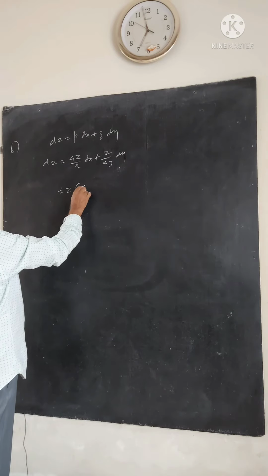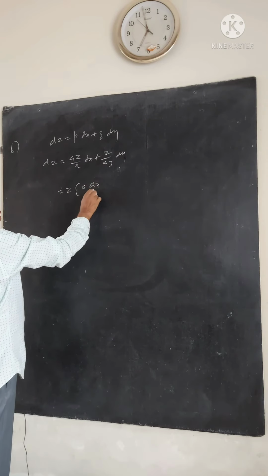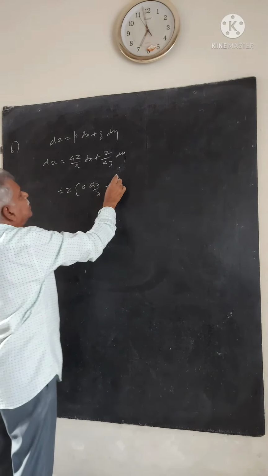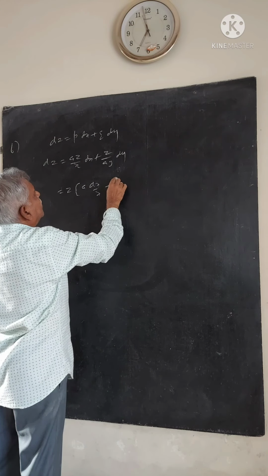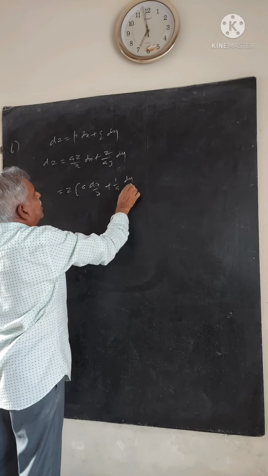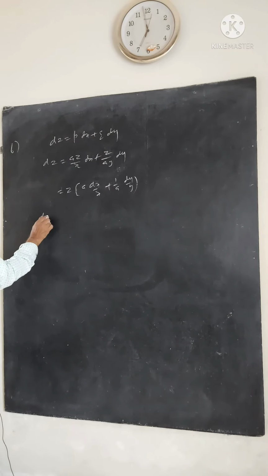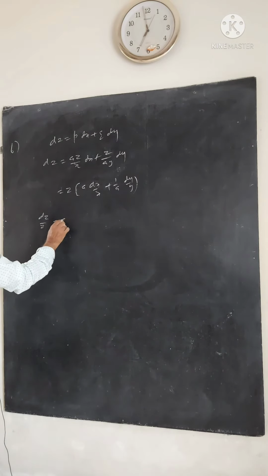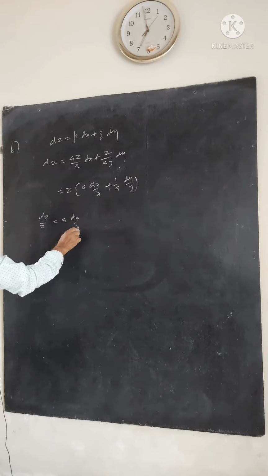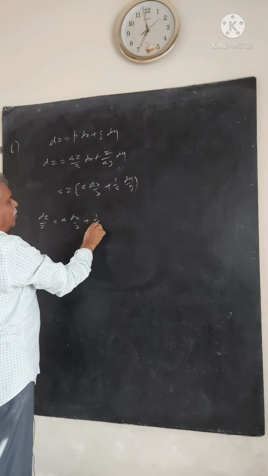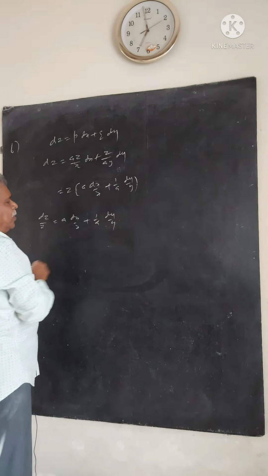Taking z out, a dx by x plus 1 by a dy by y. So dz by z equal to a dx by x plus 1 by a dy by y.